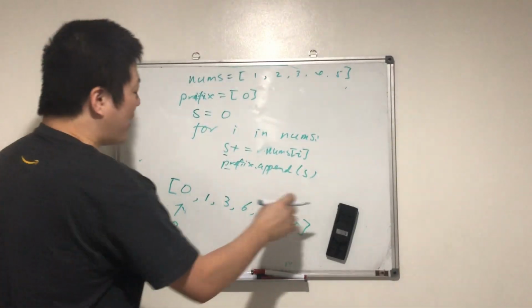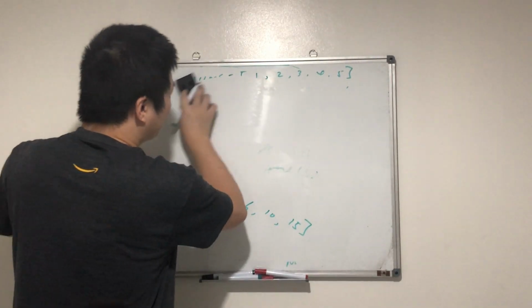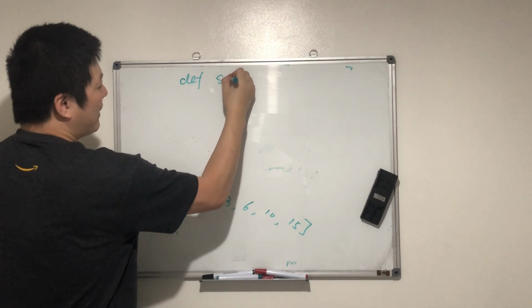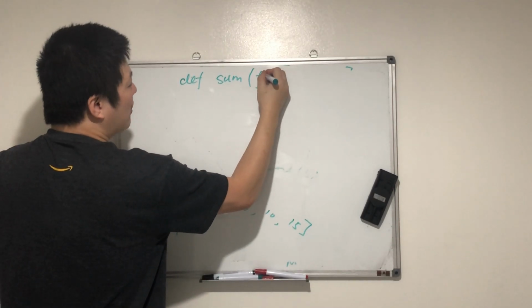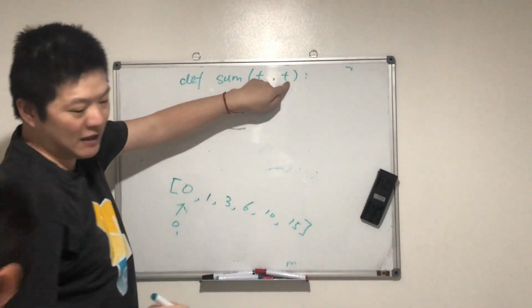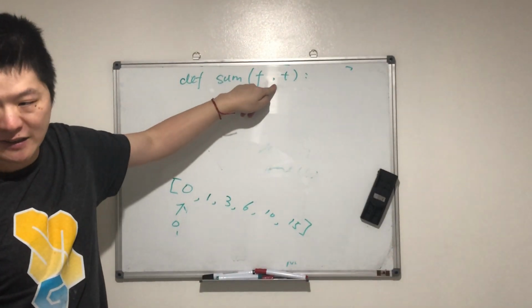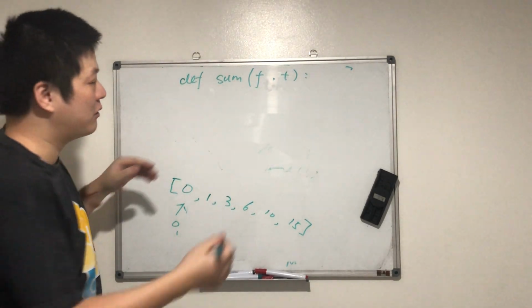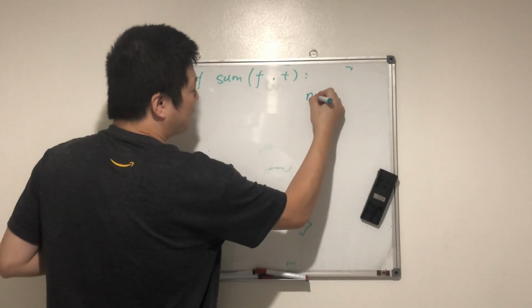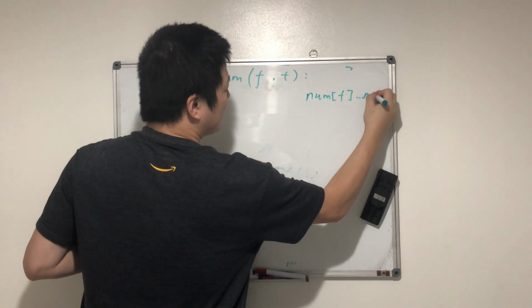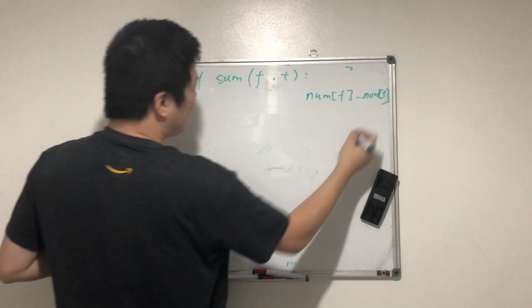Okay, so now if I want you to calculate a sum, let's say define sum, and then there's a from f to t, inclusive index, and I want to calculate the sum of nums from f to nums t. So what does this equal?